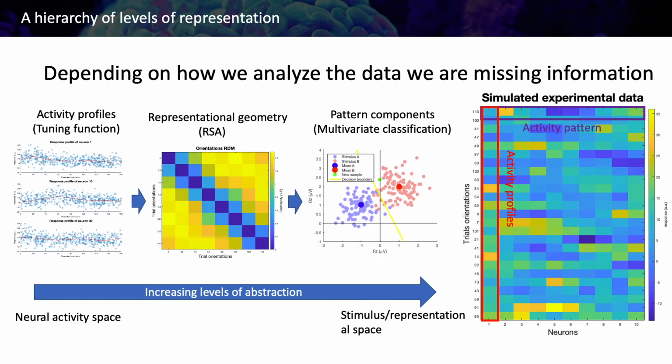The more we are losing the connection with a neural pattern, with neural information, with the brain, right? So we are moving from a neural activity space to a stimulus or representational space.